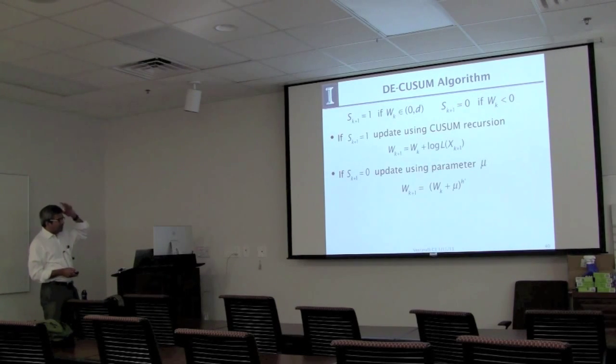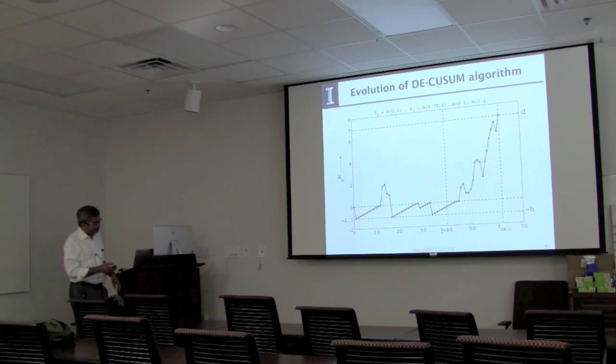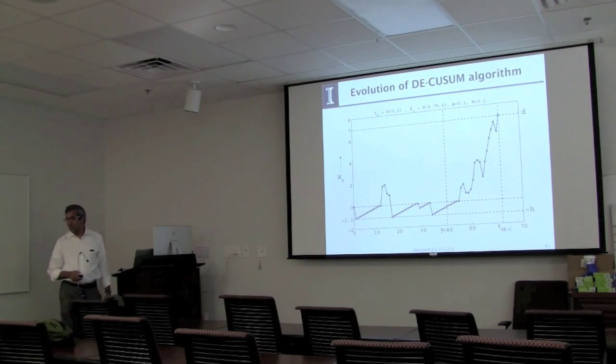So maybe I should bother with the equations. The picture is better. So what we do is the following. When the statistic goes below 0 for the Q-sum test, instead of zeroing it out, we use that value here, and then use a constant slope to get out. Okay, so it mimics the prior in some sense in the Bayesian setting.